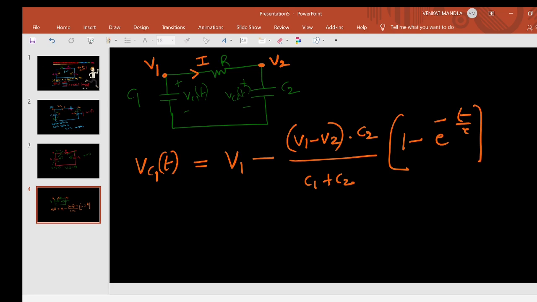This is the formula, and this is how we have to remember it.